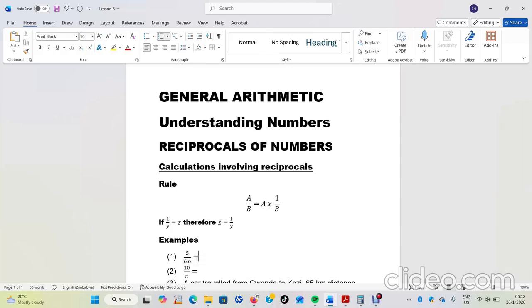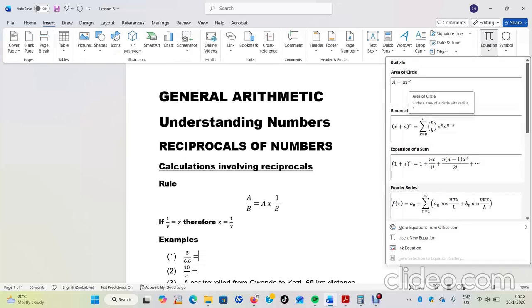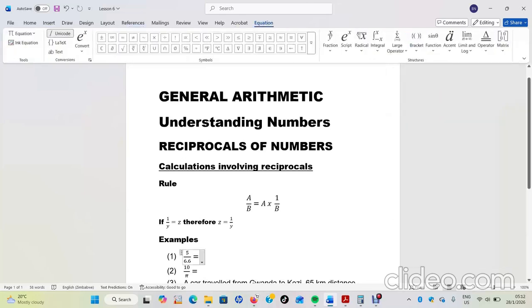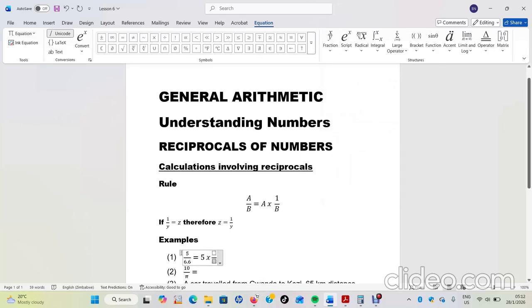5 divided by 6.6. That will be 5 times the reciprocal of 6.6. That's the first rule that we looked at there.